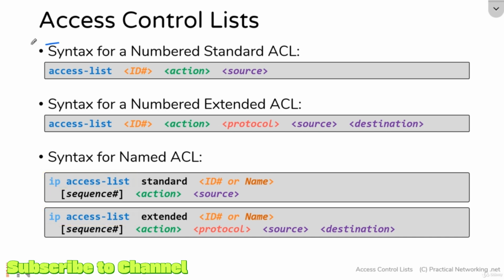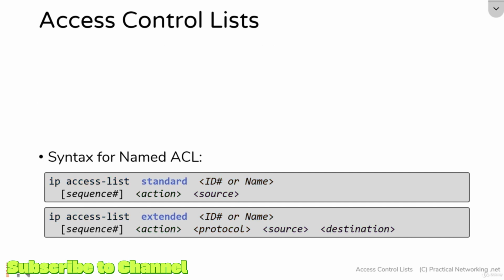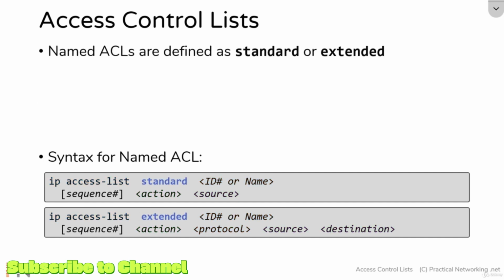So you'll see between numbered access lists and named access lists, the syntax is largely the same. There's actually only two differences: that word right in there and the sequence number right there. So let's talk about them. When you create your named access list, you explicitly define them as either standard or extended. So those concepts of standard access list and extended access list still apply.